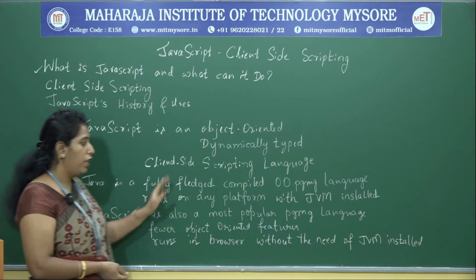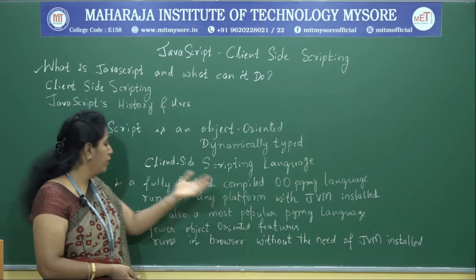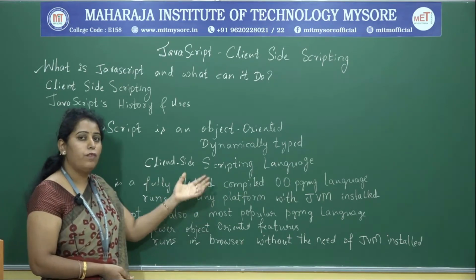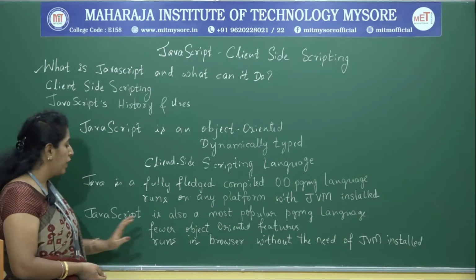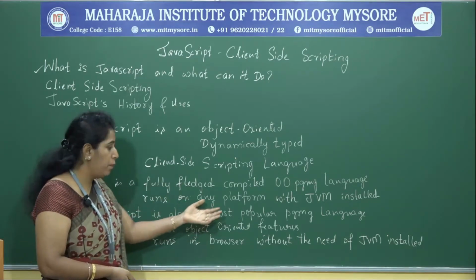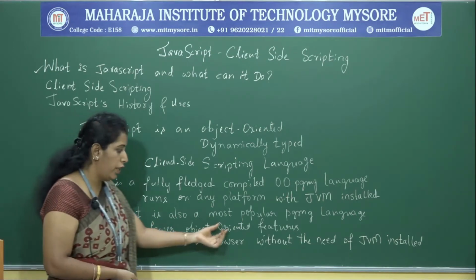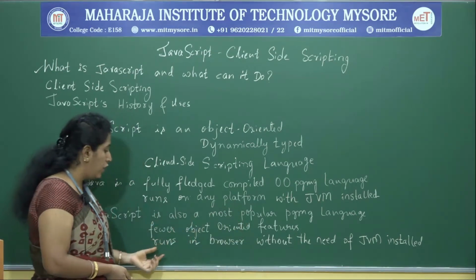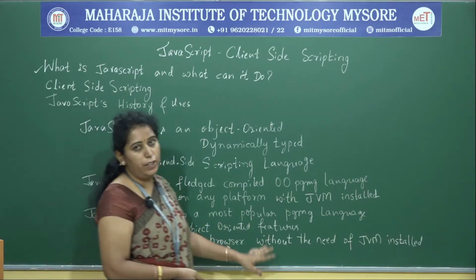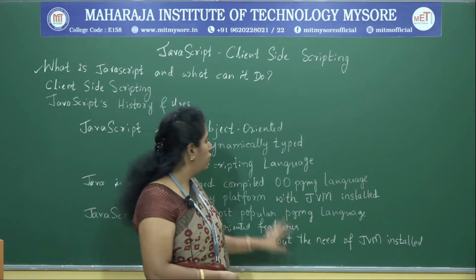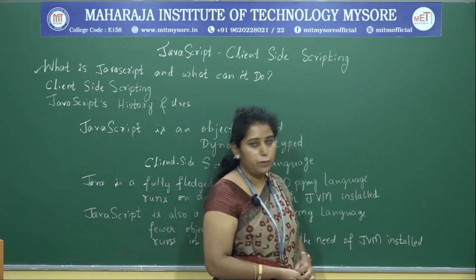Java is a fully fledged compiled object-oriented language which runs on any platform with JVM installed. JavaScript is also a most popular programming language which consists of fewer object-oriented features and which runs in the browser without the need of JVM installed. So, this is the difference between Java and JavaScript.